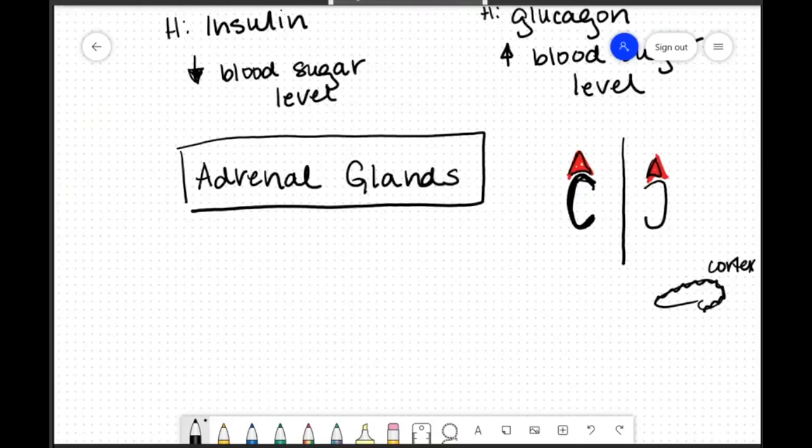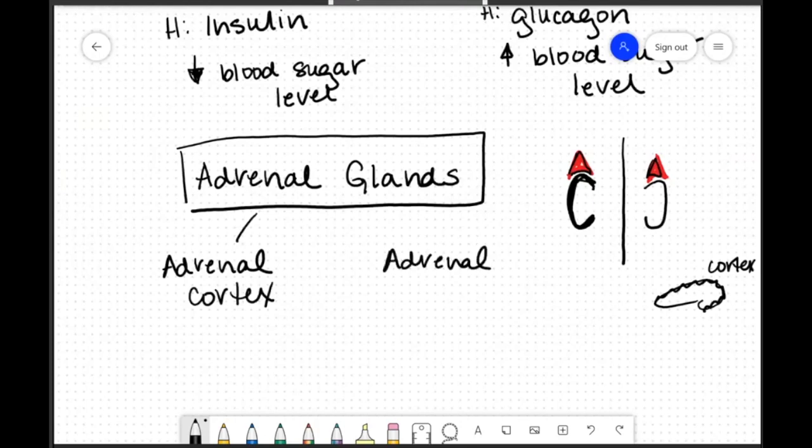The adrenal gland follows the same pattern. So you are going to have the adrenal cortex, which is the outside, and then you are going to have the adrenal medulla, which is the inside.